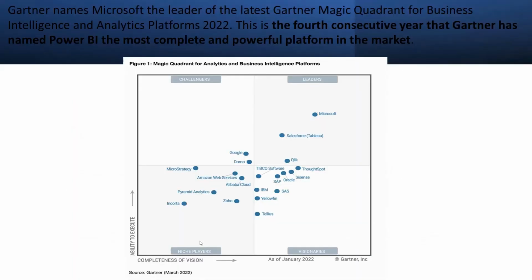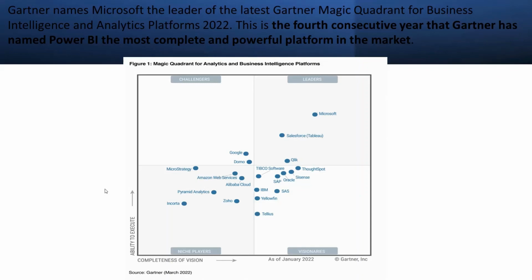And again, Power BI is one of the market leaders in business intelligence and business analytics. Gartner has named Microsoft the leader of the latest Gartner Magic Quadrant for Business Intelligence and Business Analytics Platform 2022.